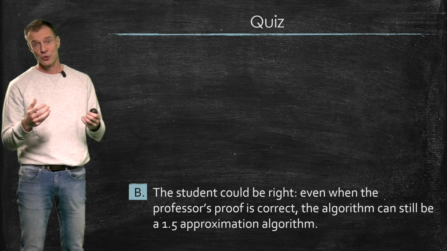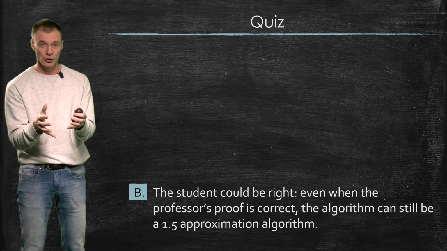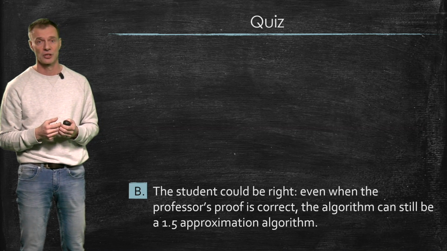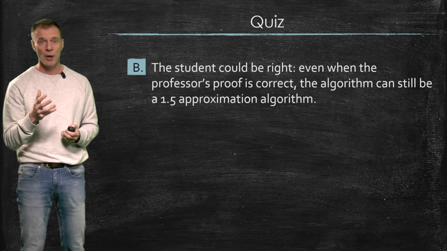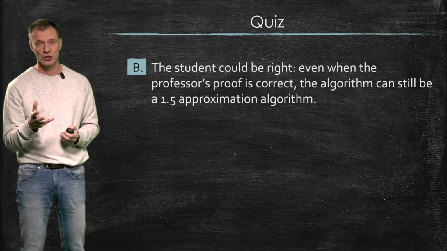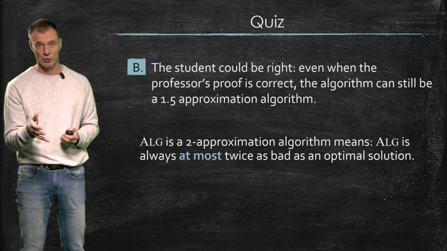Okay, so the solution in this case is answer B. It could be that both the student and the professor are right. Why is this the case? Well, remember the definition of rho approximation says that the algorithm should be at most rho times the optimal.